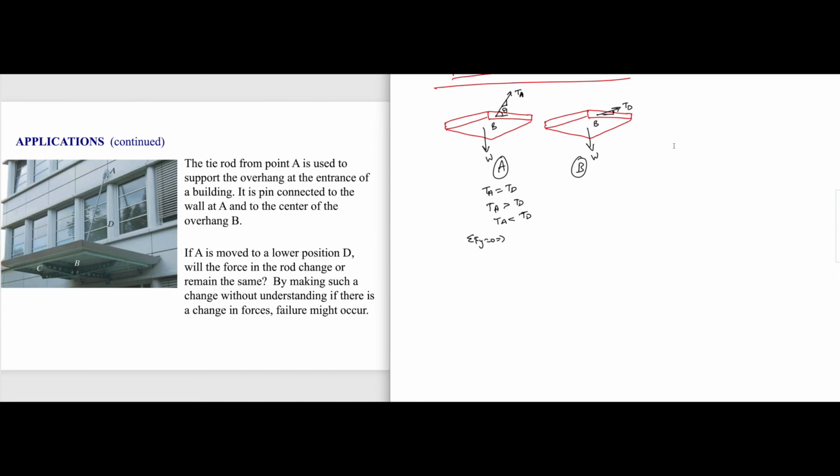Let this be theta A, and this theta B. So sigma Fy equal to 0: TA sine theta A minus W is equal to 0. That implies TA is W over sine theta A. Similarly, for this case, TB sine theta B minus W is equal to 0. That implies TB is W over sine theta B.